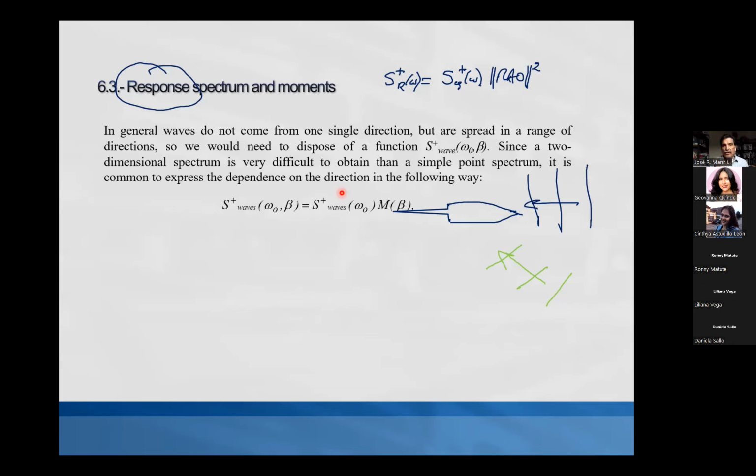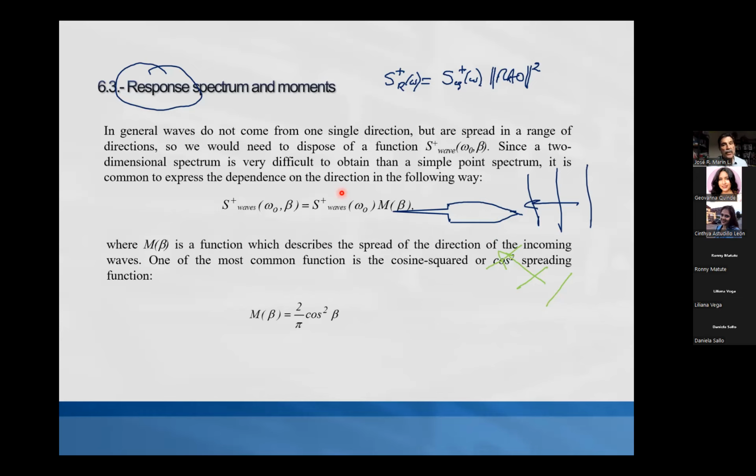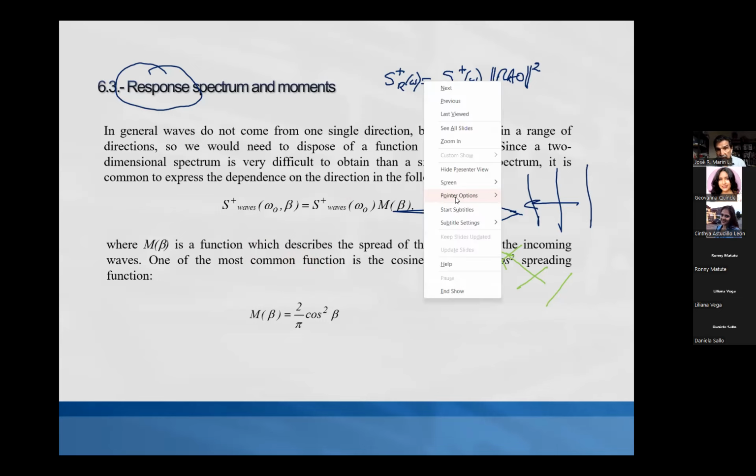Okay, now, how do we set up this function m sub beta? There are several models, and one of the most common that we can apply is the cosine squared. So what we are saying is, let me try to draw something like this.